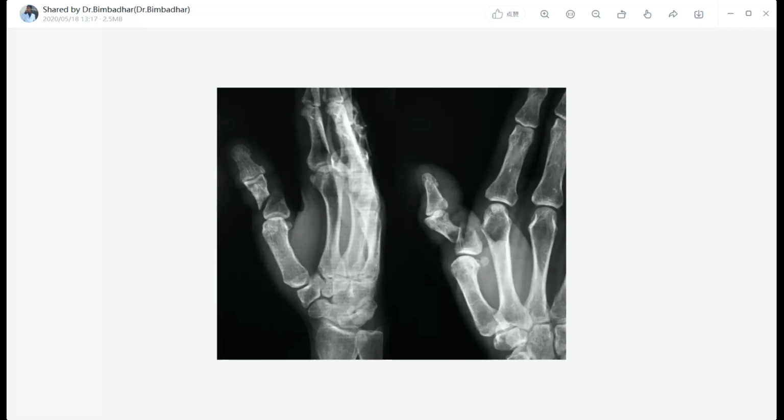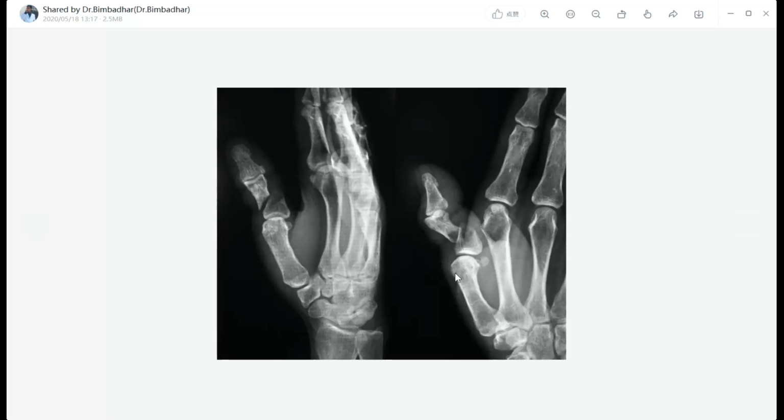Because the thumb always goes down to the medial side. In supine position, how will it be? The thumb is present on the lateral side. But when taking a wrist X-ray, I am doing it in supination. When I do it in supination, the thumb goes down onto my medial side.